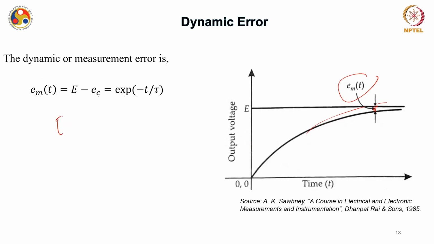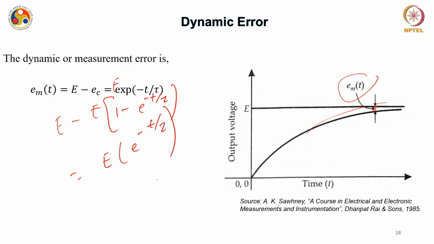So it is E minus E into 1 minus e to the power minus t by tau, which is actually E into e to the power minus t by tau.